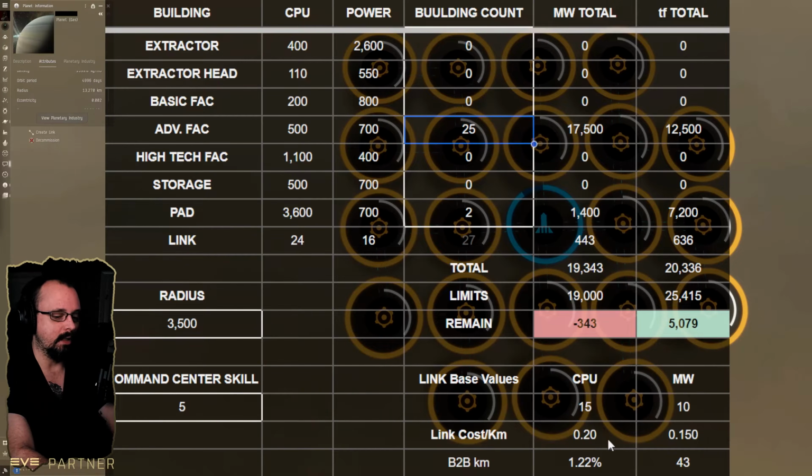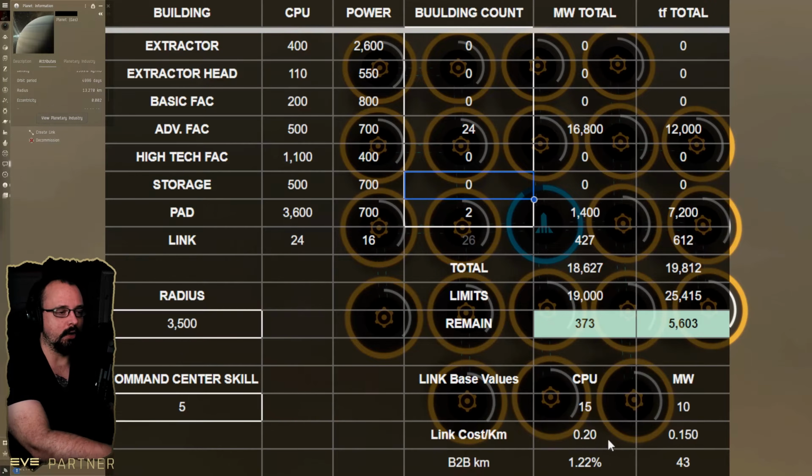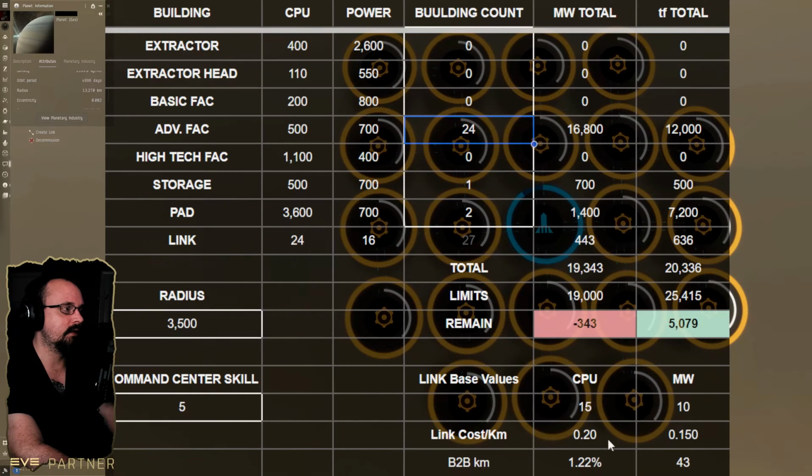For a 2 pad process planet, you're looking at 24 and 2. You don't need any storage because you can just have input on 1 pad, output on the other pad. If you are taking P1 and turning it into P2 and then P3, you could do 2 pads and a storage, but then you're probably going to come down to like 22 factories or even 23 factories.